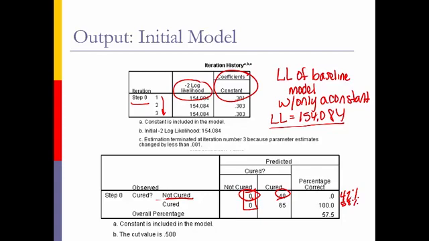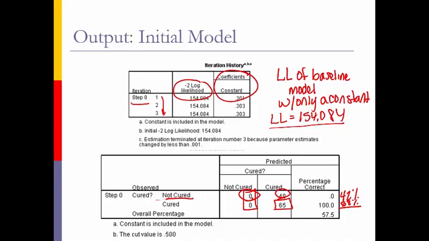So what happens with this model is they're going to move forward with this information and they're going to say, all right, 58% is better than 42%. So cured is a positive, that is a correct probability assumption. Not cured is not correct.